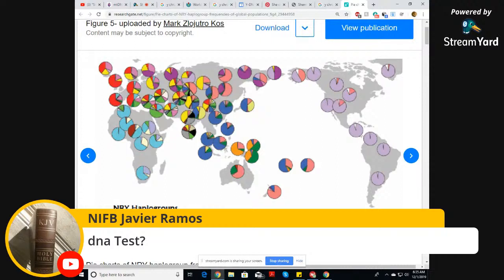And we have K, which is probably a Japhethite descendant. So this dark green is in the area of the Japhethite community, as well as the N and the R's. Of course, the yellows are R too.